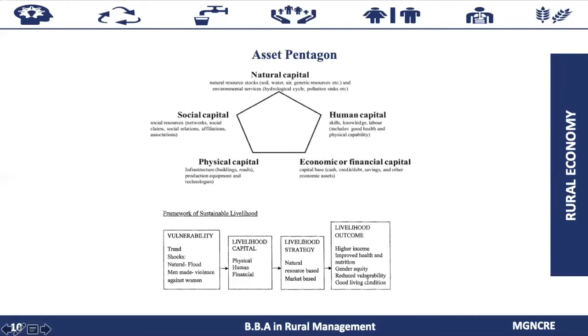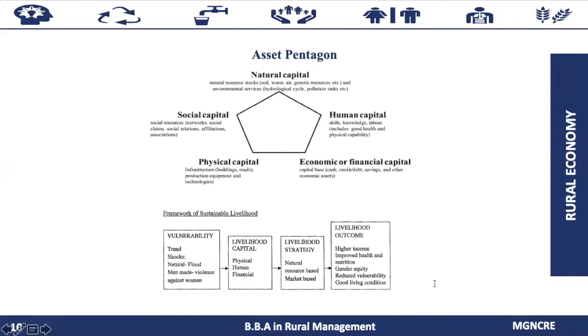Now, if we talk about the livelihood strategies in the sustainable framework, it includes how people combine their income generating activities, the way in which they use their assets, which assets they choose to invest in, and how they manage to preserve existing assets and income. And then when we talk about livelihood outcomes, these are the achievements, the results of livelihood strategies.